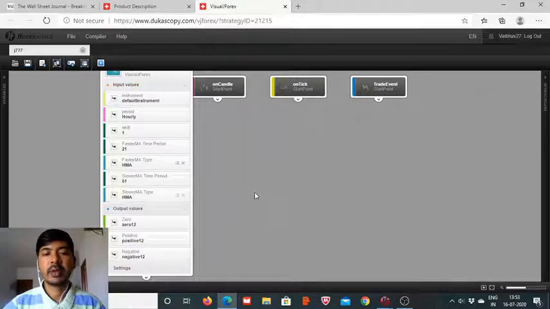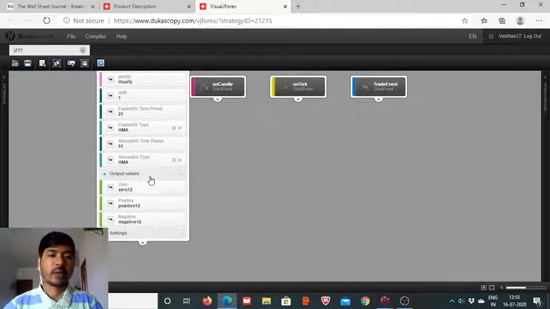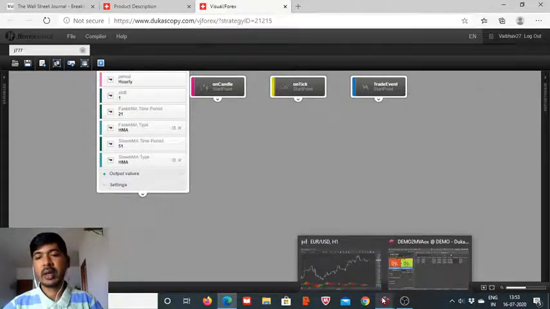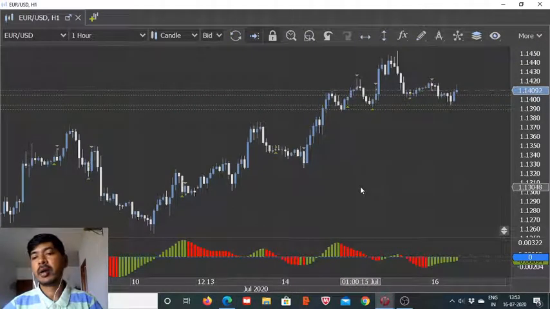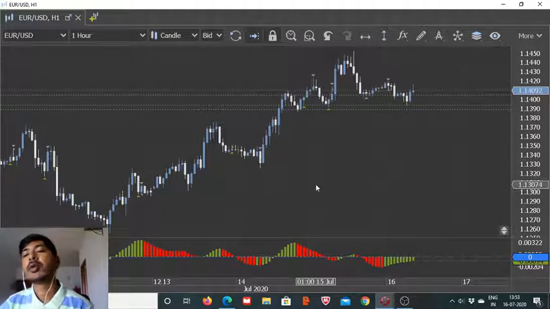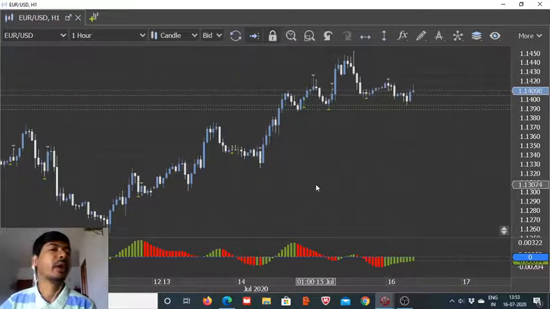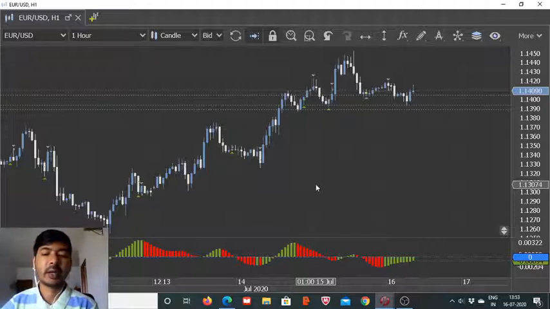So we have the Hull moving average now acting as our faster as well as slower MA type, that is the type of moving average, and accordingly the output values will be reflected just the way we have here on the chart. So in this way, you can customize your indicators and take the help of these indicators.